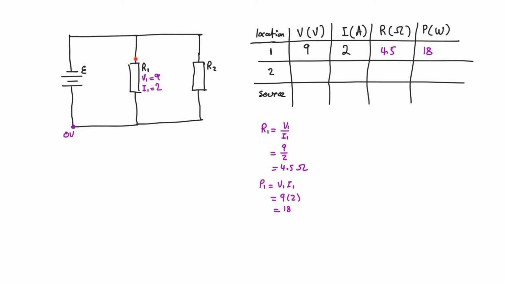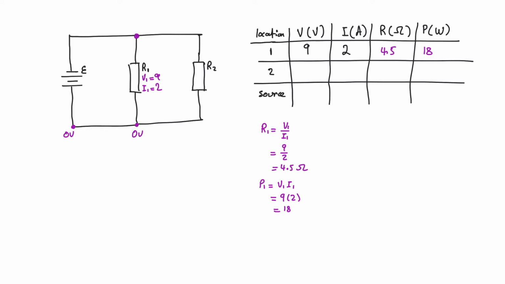If it goes through this path over here, it's going to lose 9 volts, or 9 joules of energy. So every 1 coulomb of charge is going to lose 9 joules of energy, and it's going to come here and it's going to have 0 energy. So right here, we know that it's going to have 0 volts.